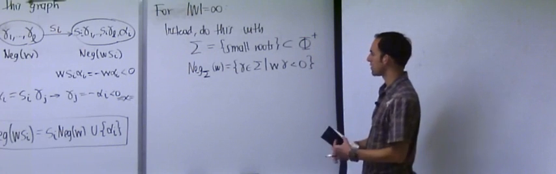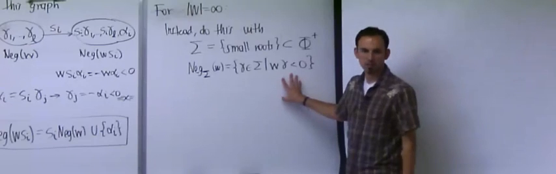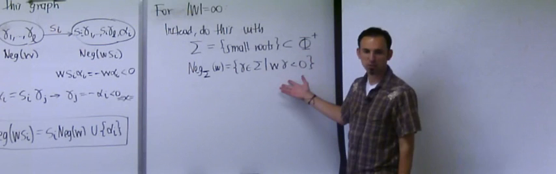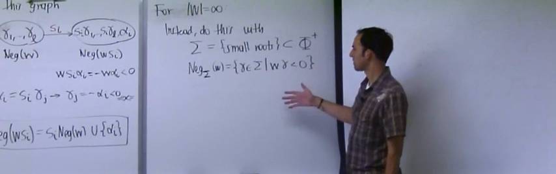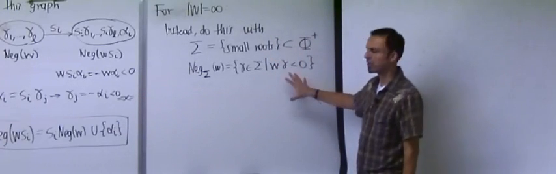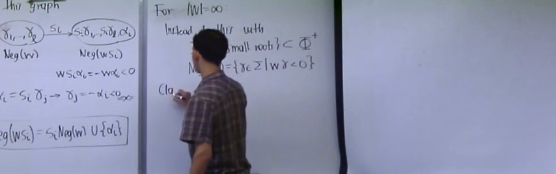Okay. Now, as I told you, a lot of the trouble with doing interesting examples for small roots is that in a finite group, every root is small. So if I were to do this example for S3, I would do exactly the same thing. Okay? So I'm going to do this in an example for an infinite group. But what's the key property? The key property is the following. This is the key property of the situation.